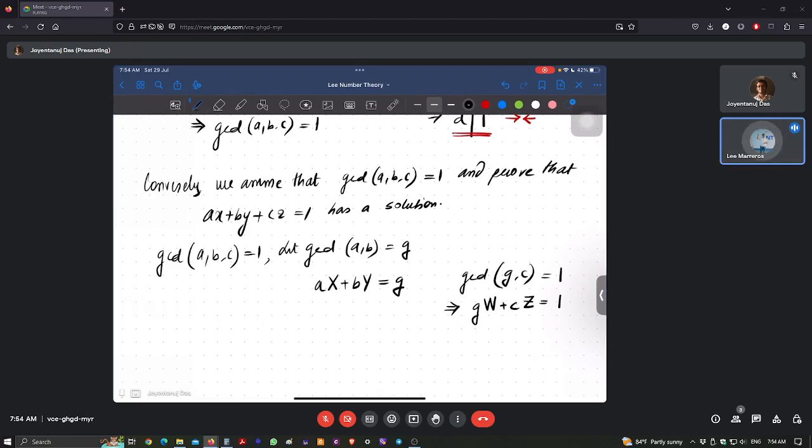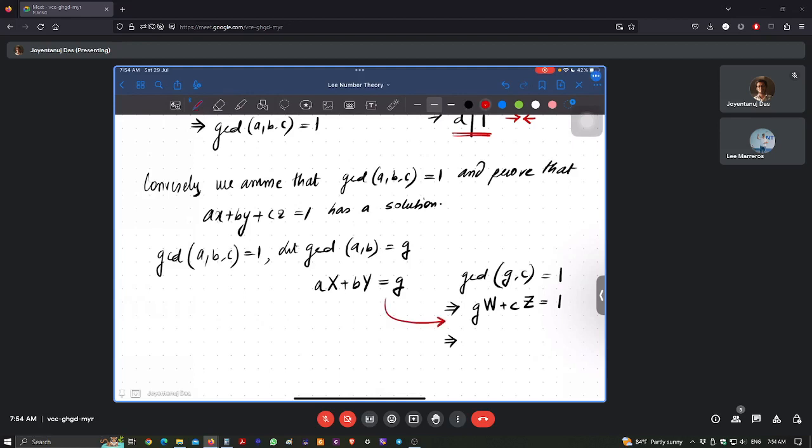So the GCD of g, which is of a, b, and c is equal to 1. Yes, that makes sense. So this has a solution. Now I can put back the value of g.